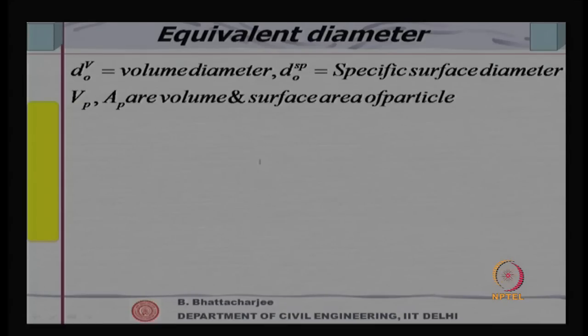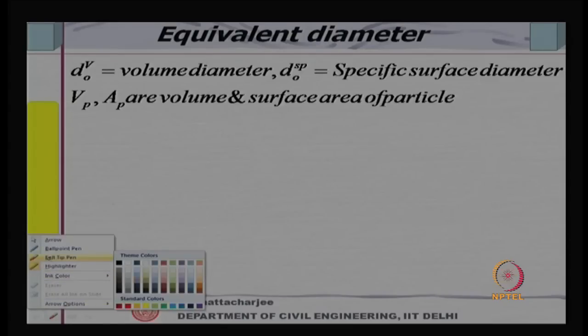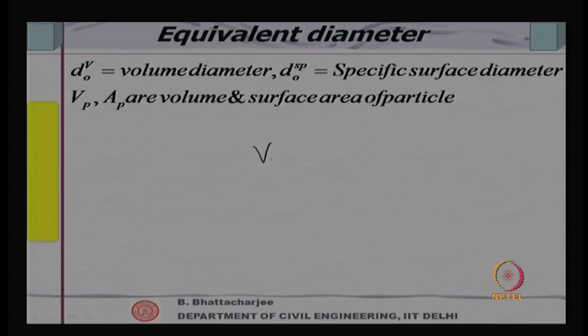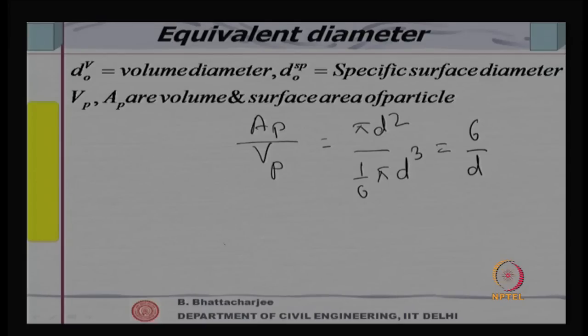It will be AP by VP, and the specific surface of a sphere would be pi d square divided by 1/6 pi d cube, which is simply 6 by d. So, this d will be equal to 6 Vp by AP, right.